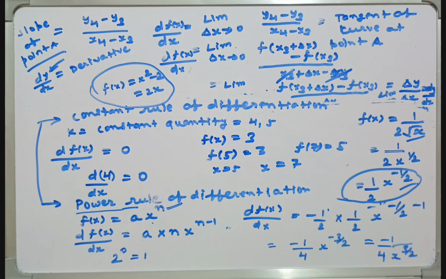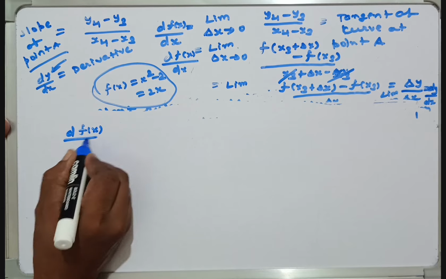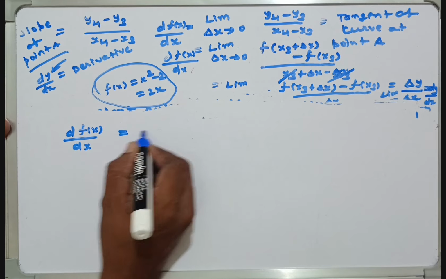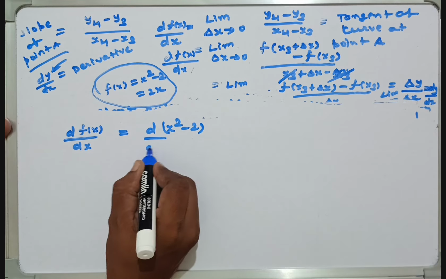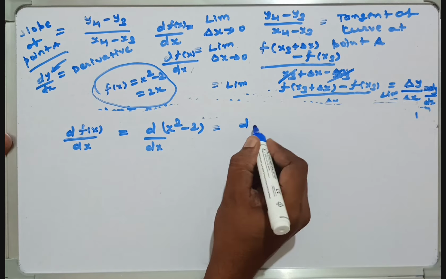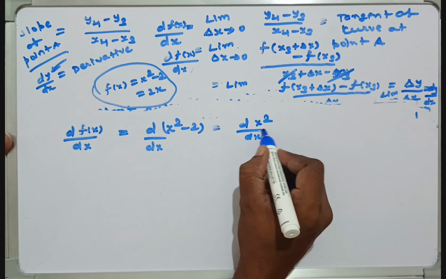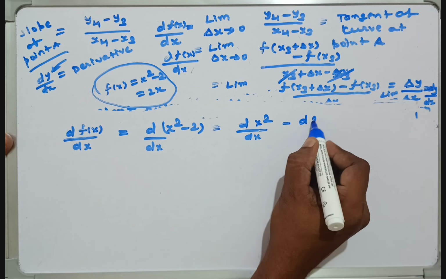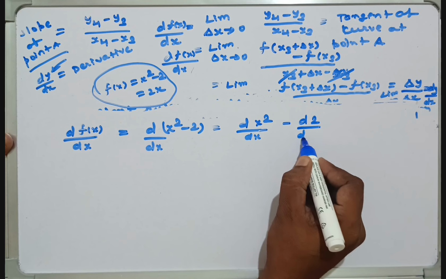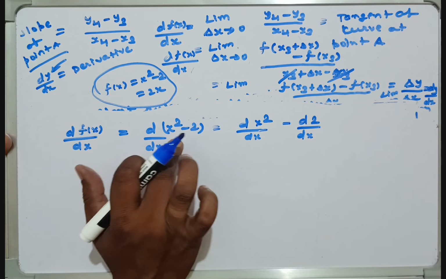See what result comes. We can write d f(x) by dx, or further d of x square minus 2 by dx, equal to d of x square by dx minus d of 2 by dx. We are taking the derivative separately.